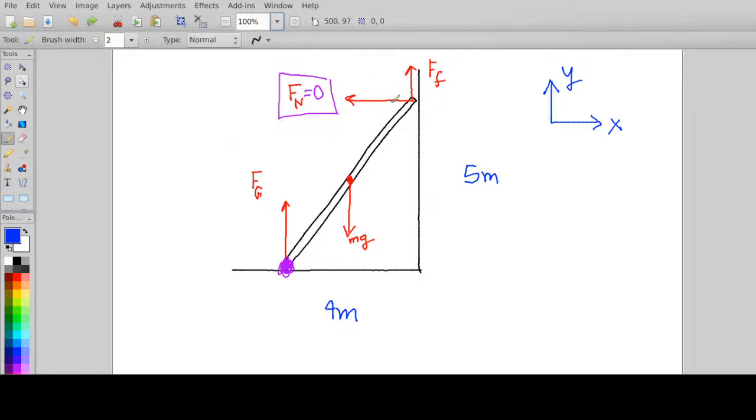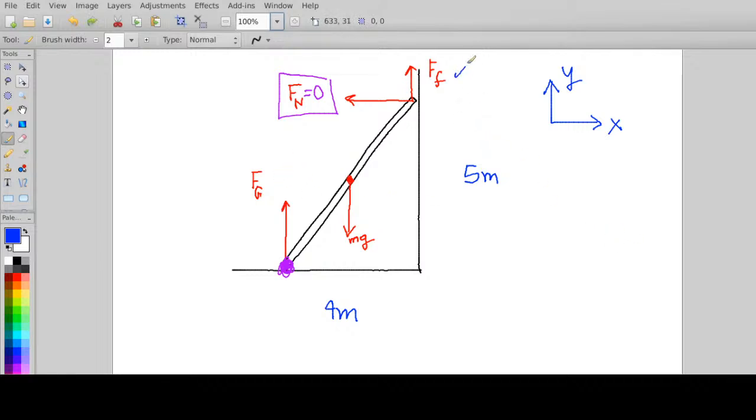Now, the other forces, though, they are up and down. Okay, they're in the y direction. They have to balance, because if there's an excess force up, then this thing would actually start to accelerate up. Or if there's an excess force down, then they would start to accelerate down. So that force and that force, they have to balance.